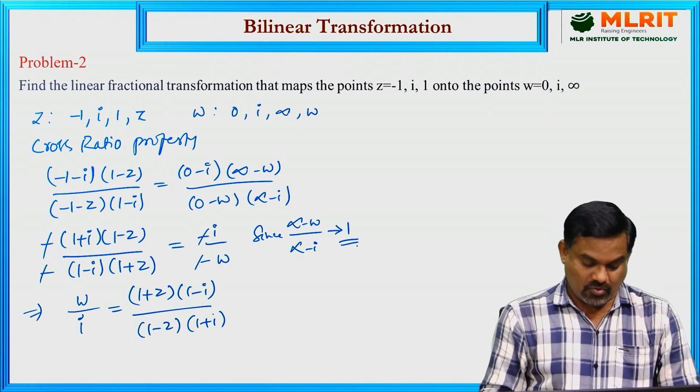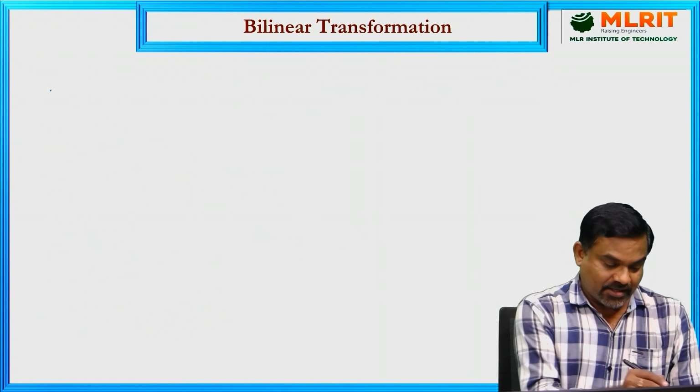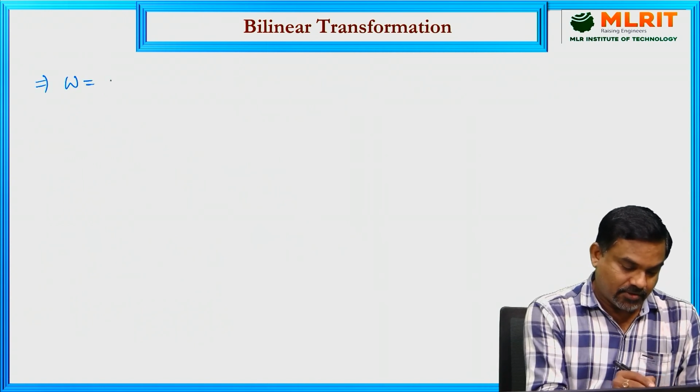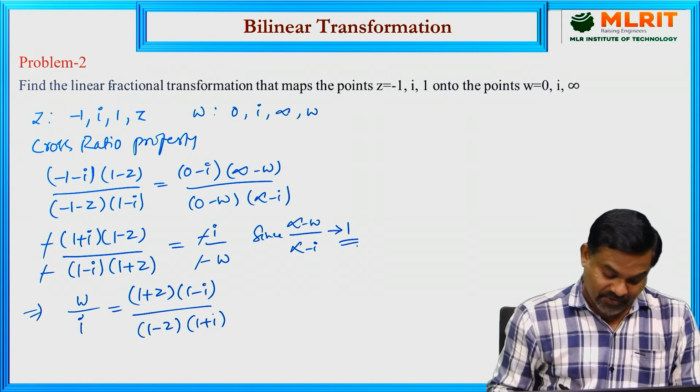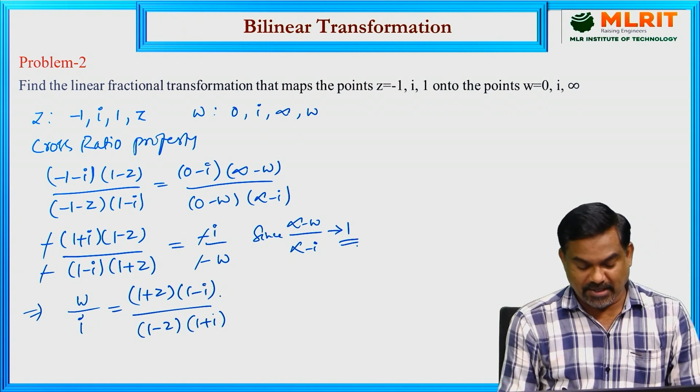So here we need to simplify this. That implies w/i equal to, let us multiply the numerator and denominator with (1 + i).